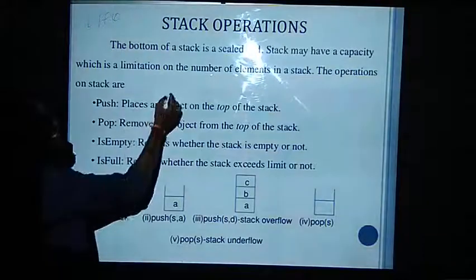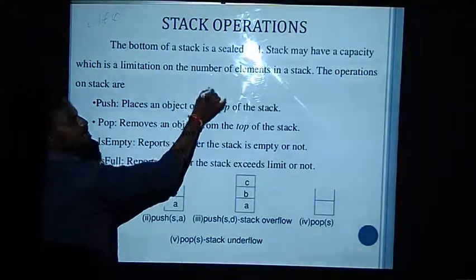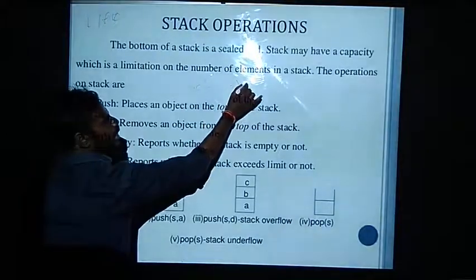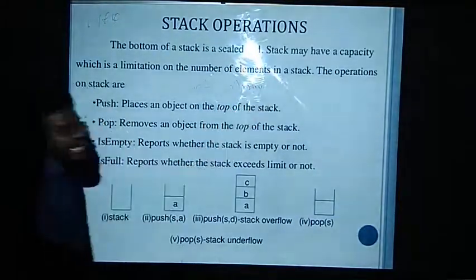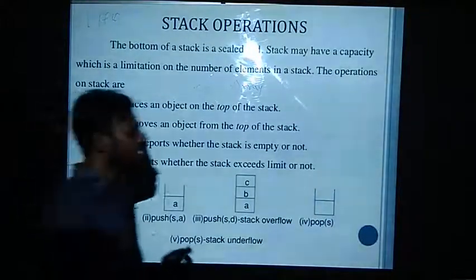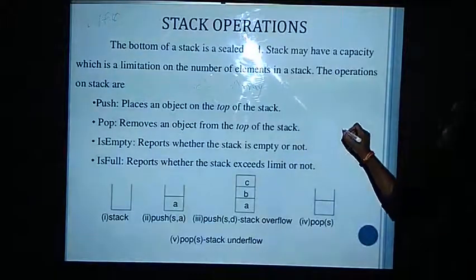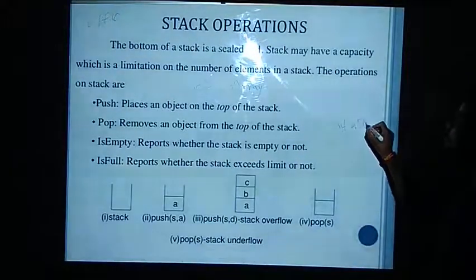Okay, now let us understand this. We have already said that stack is implemented by what? Arrays. Arrays contain what? Fixed size. Array will be declared with the size, I can say suppose int a of 10.